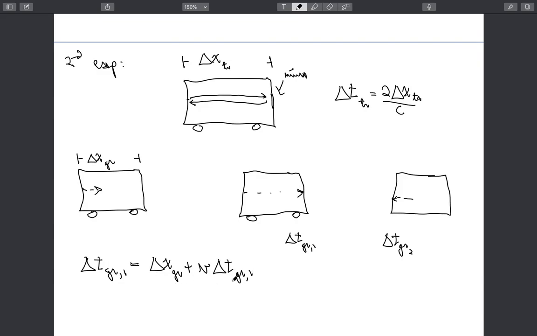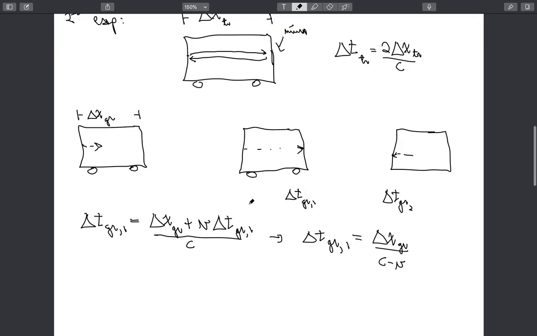And all of that divided by c. Okay? So that means that the delta t ground 1 is just equal to delta x ground divided by c minus v.